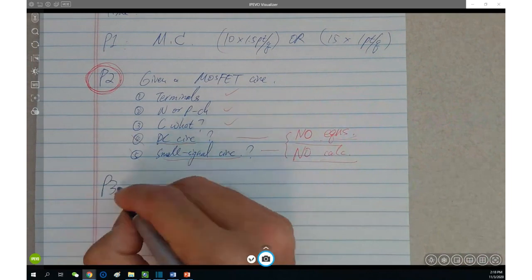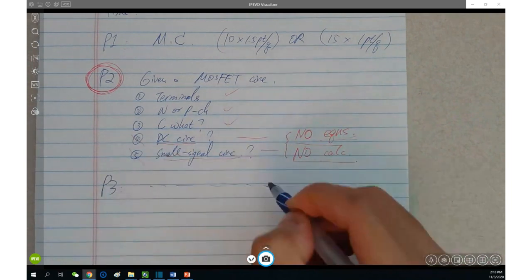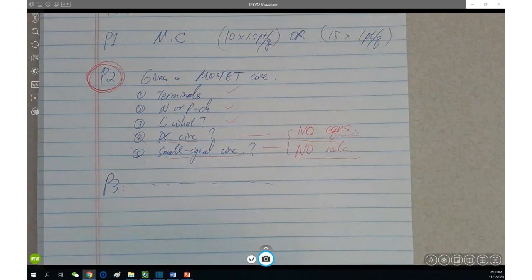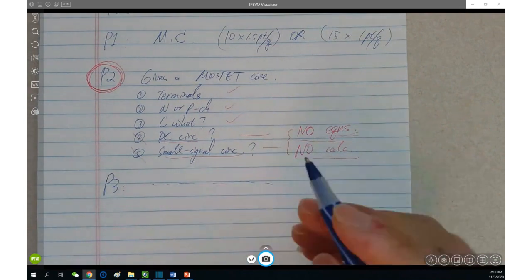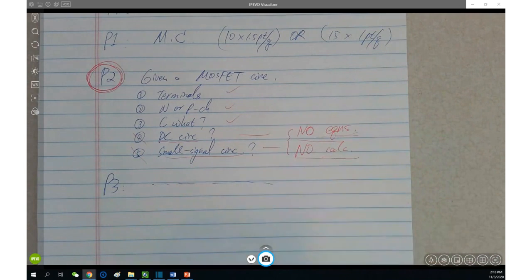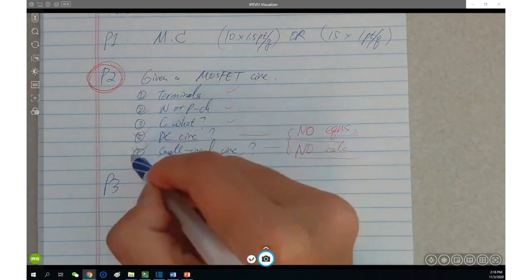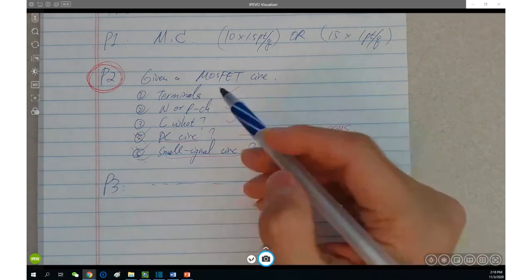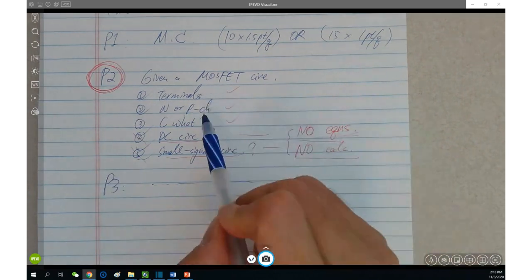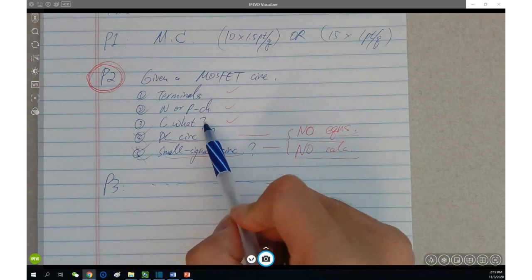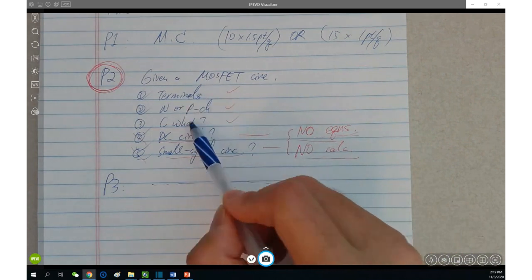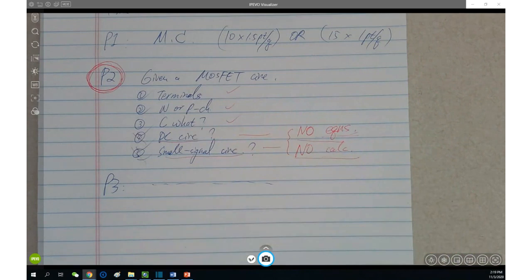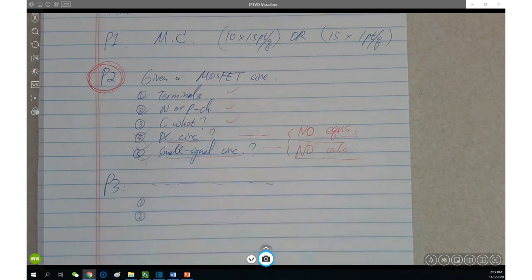Problem 3, as I said once again, is a given MOSFET circuit. What you need to do is read the problem carefully, read the questions carefully. You have multiple questions down below. This time, you probably identify terminals, identify channel, identify common circuit. Or maybe just identify 1 or 2 out of these 3, because we just learned 3 types of identifications. So that's question 1, maybe 2, or maybe 3.